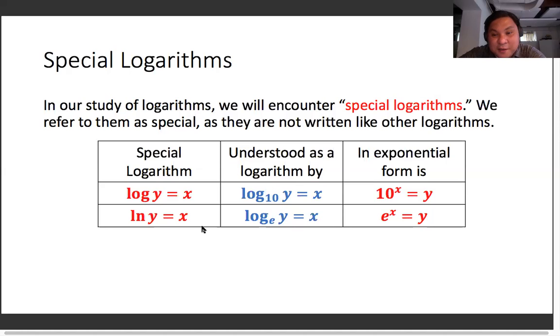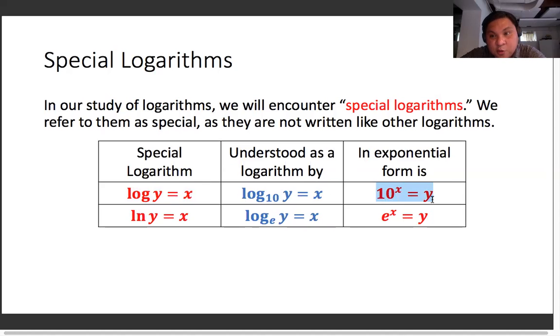Now, this form can be converted into its exponential form as 10 raised to the x is equal to y. But take note, given this form, it should be automatically remembered that it converts to this form. No base written down means the base is understood to be 10.